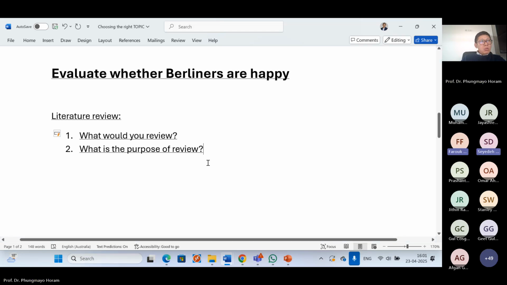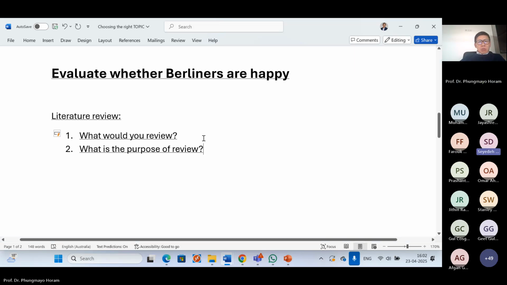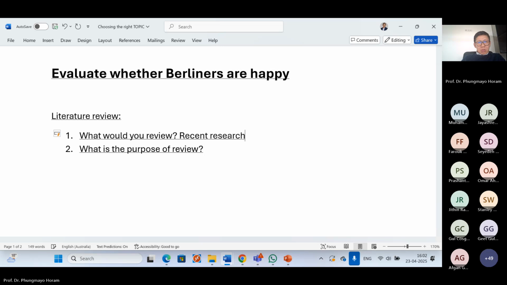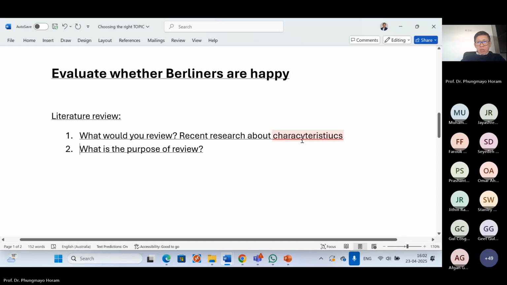Recent research on happiness. Research about what? About characteristics of being happy. What is the criteria of being happy? And the definition of happiness? Okay, good.